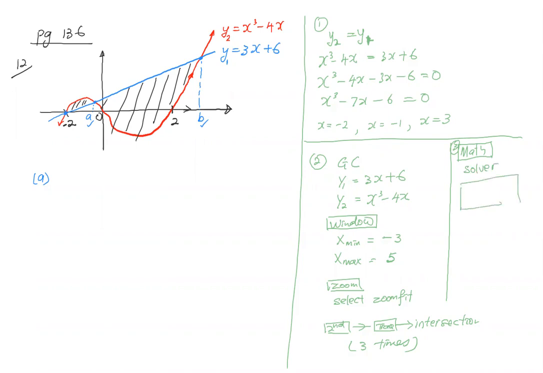Then you put E1 as Y1, then E2 as Y2. Am I right? But this one, you also need to do 3 times, because each time they can only give you 1 answer.